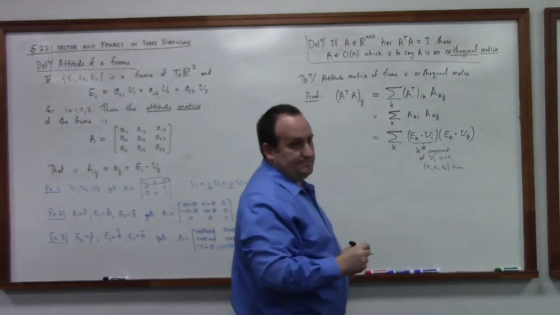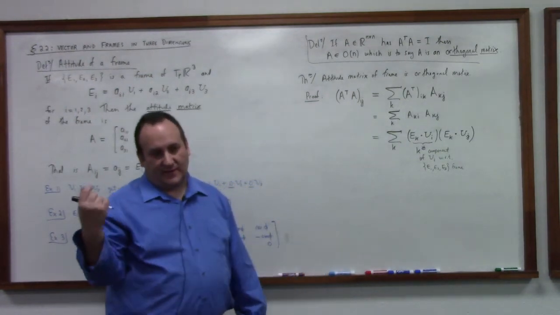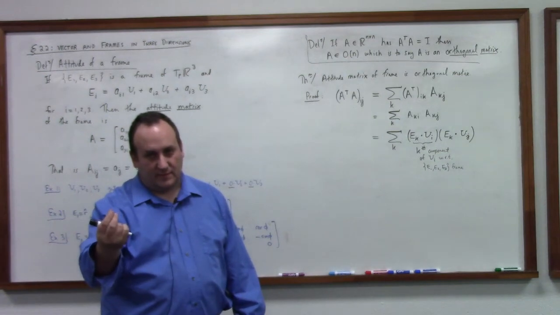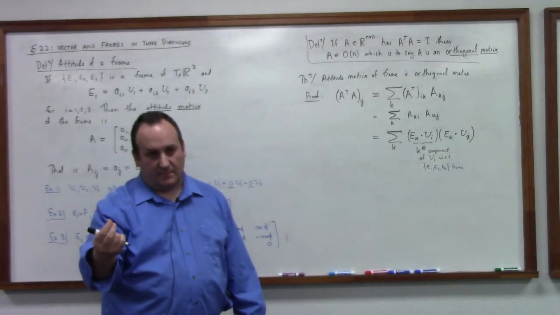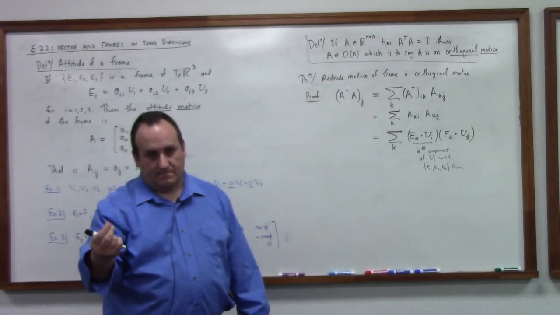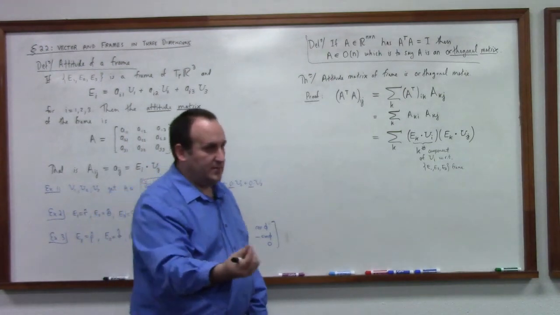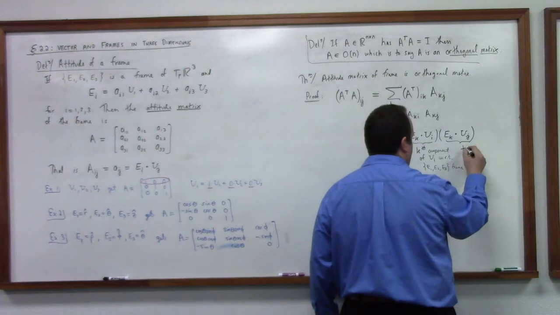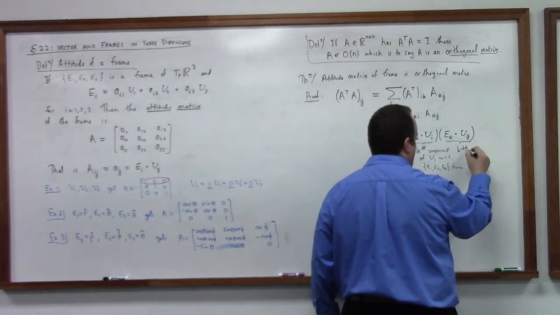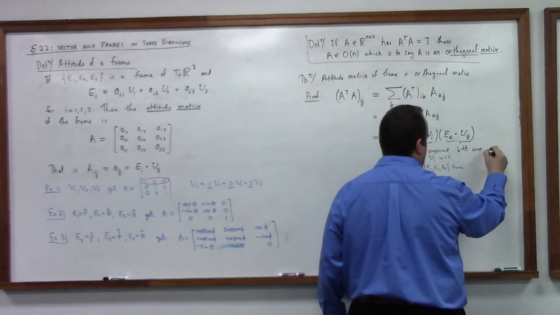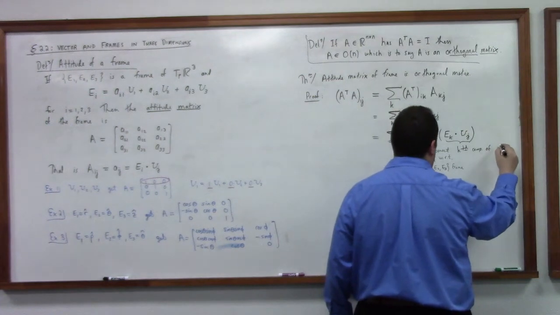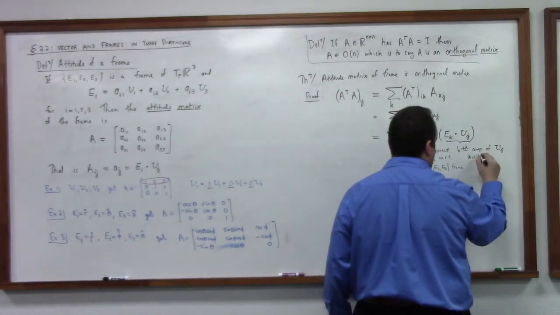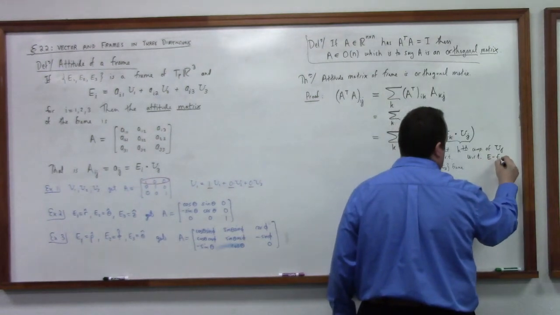Do you see that? If I take the vector Ui and I dot product with Uk, that picks off the kth component in the E1, E2, E3 frame. And by the same token, this is the kth component of Uj with respect to the frame. Let's call it the E frame.